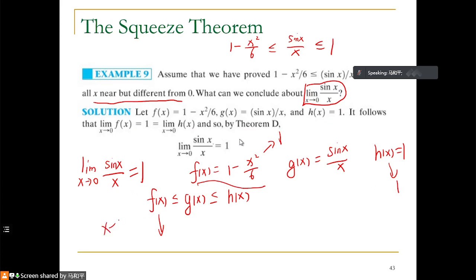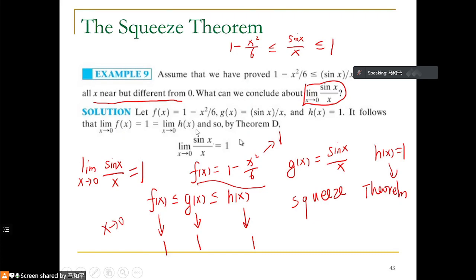This means for x near 0, f(x) is near 1 and h(x) is near 1. And so by the squeeze theorem, the middle function is also near 1. So by theorem D, this limit is 1.